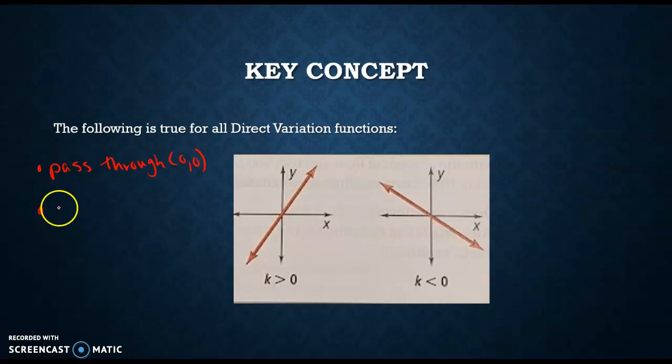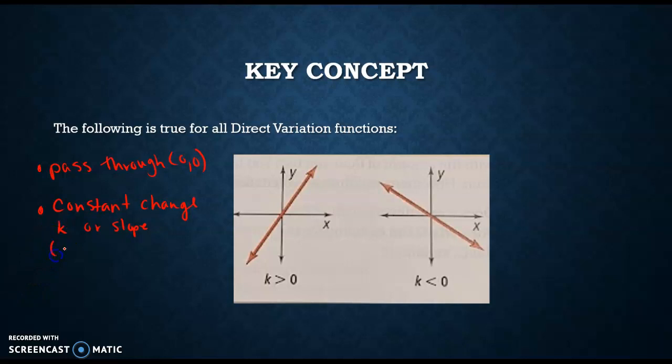The other thing is that it has to have a constant change, or in other words, a k value or slope. Other textbooks may call this constant of variation that we are calling k here.